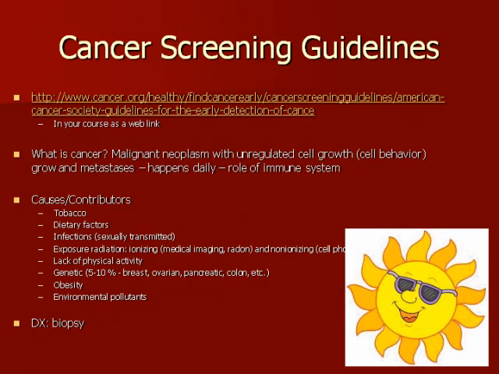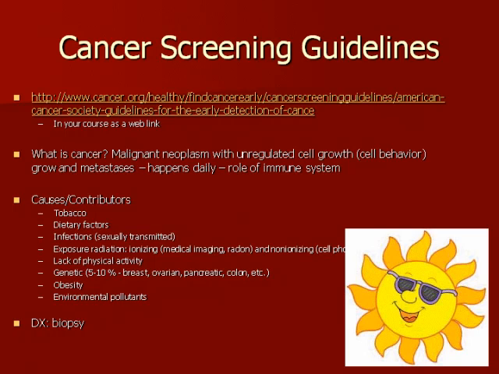So when we talk about cancer screening guidelines, and there's plenty, what the contributors tend to be, as Ann addressed, is tobacco, certain dietary factors. Sometimes people believe that meat or the ingredients in some processed foods cause changes in our DNA or RNA, making the cell more susceptible to those behaviors.